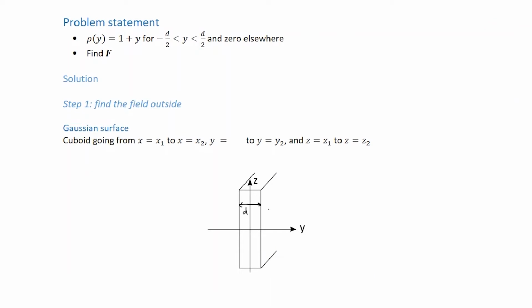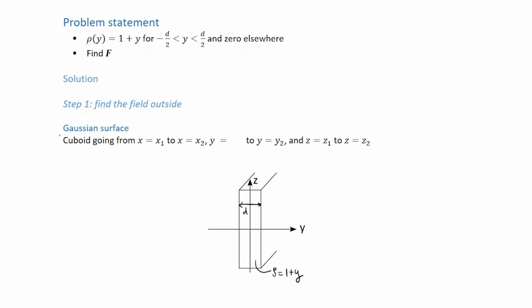Your rho of y is given by 1 plus y. And your goal is to find F everywhere. The first step in the solution is to find the field outside the slab, and then using this information, the second step will be to find the field inside the slab.